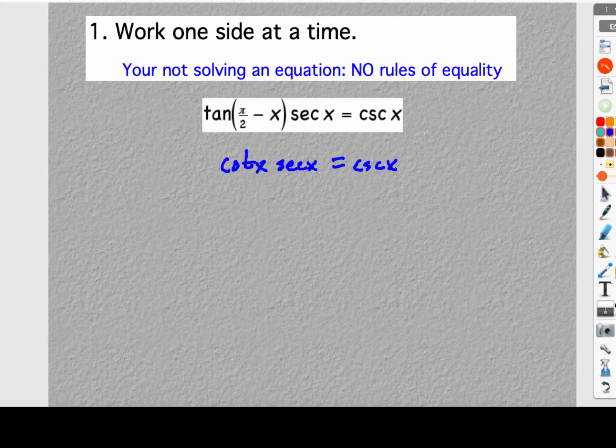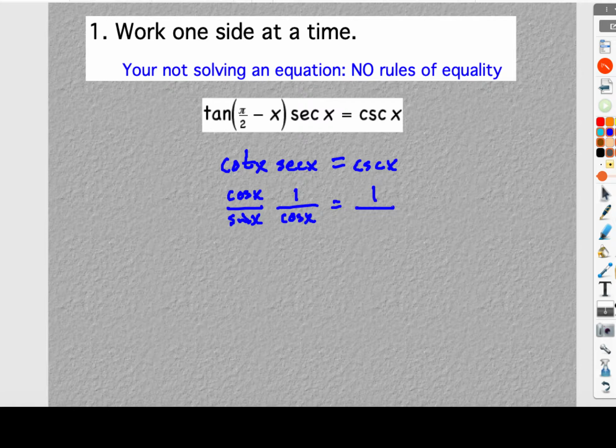I know that the cotangent is equal to the cosine over the sine of x. I also know that the secant is equal to 1 over the cosine of x. And while we're at it, like I said, you only have to work one side at a time, but it doesn't mean we can't change both sides.